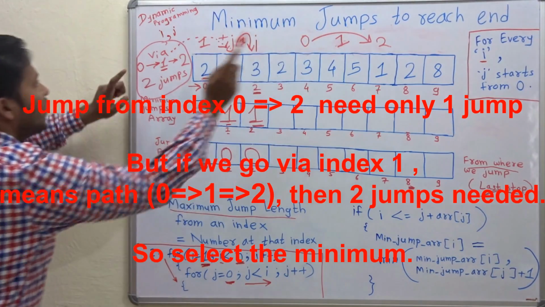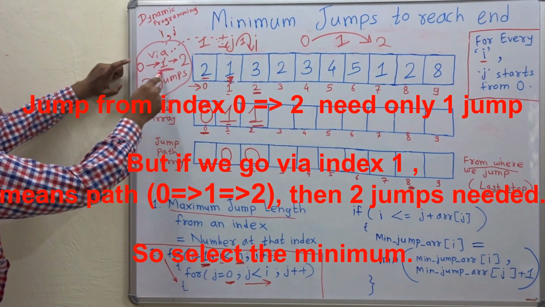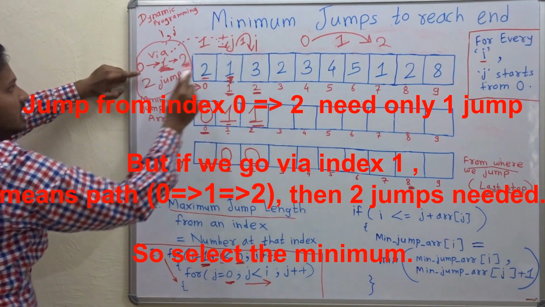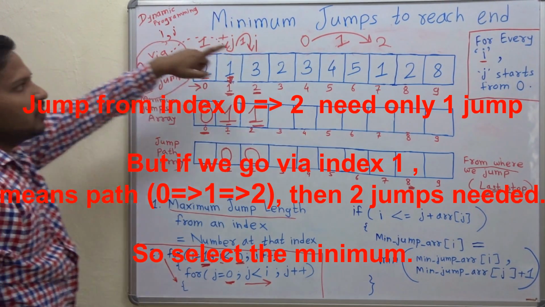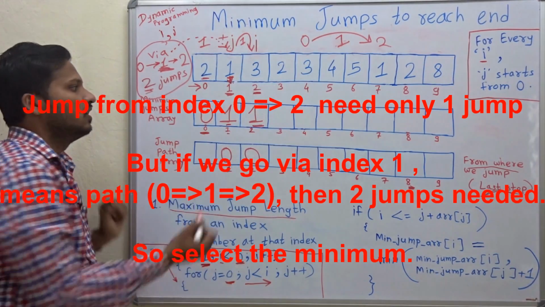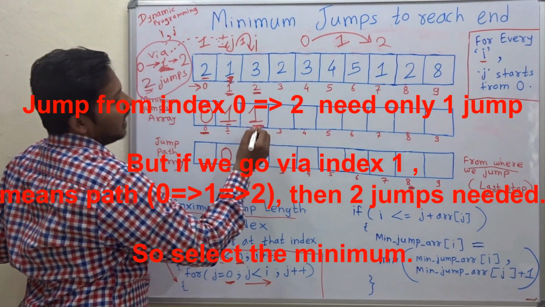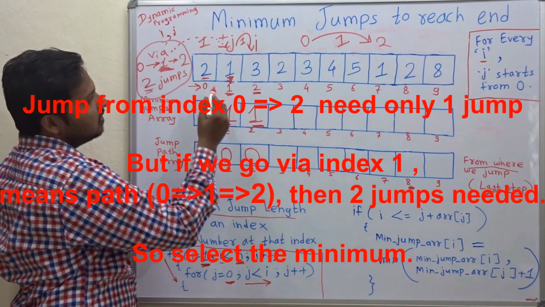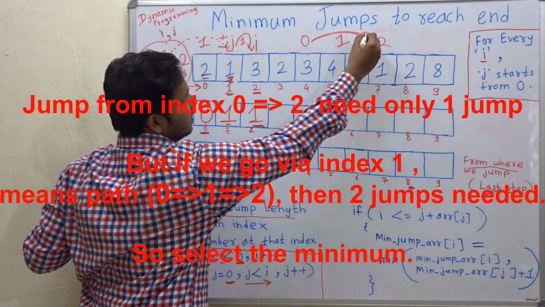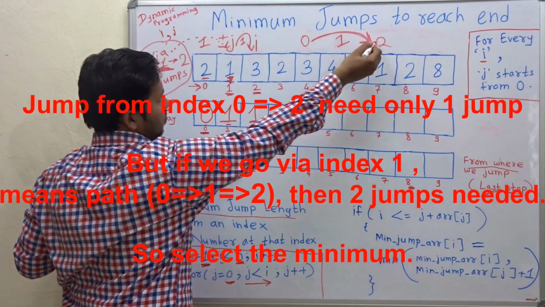So obviously the minimum out of 2 and 1 is 1. So we keep 1 and we prefer jumping directly from 0 index.